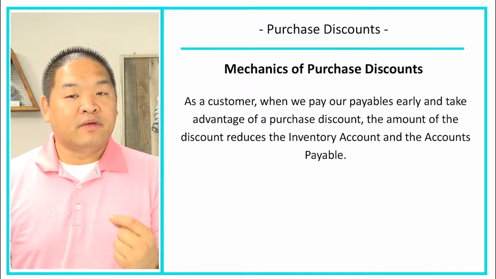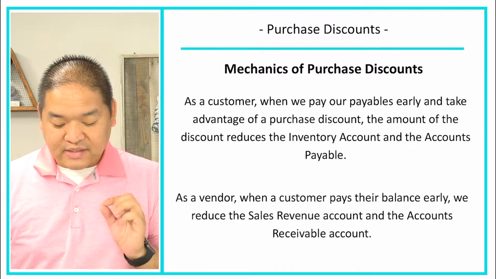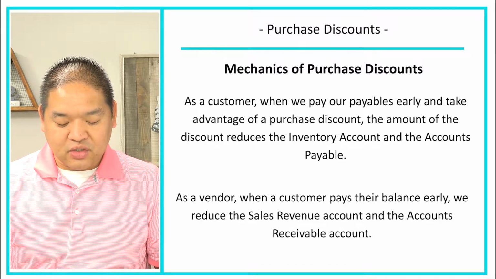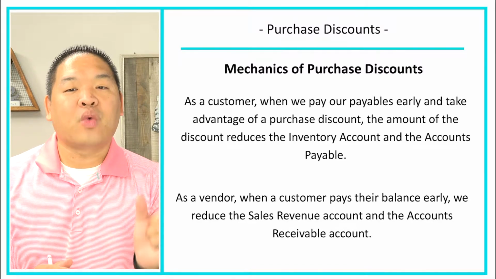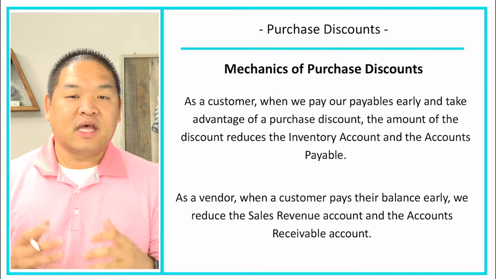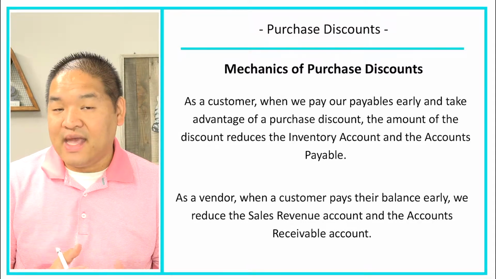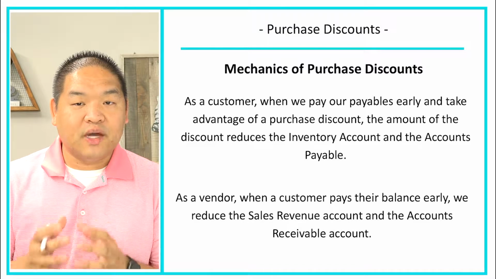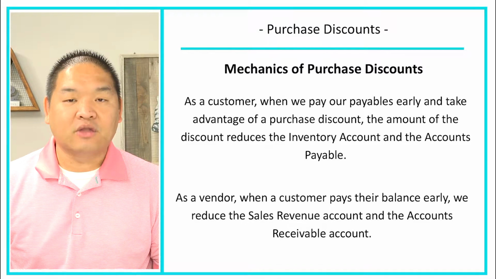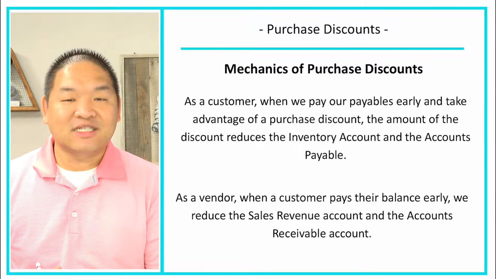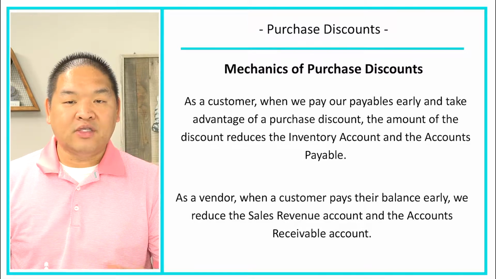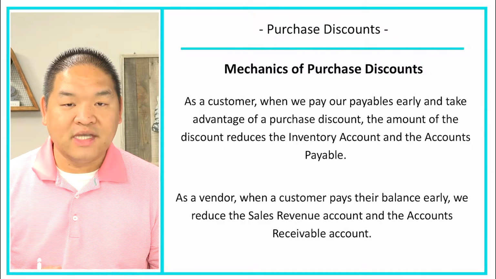From the vendor side, it works a little bit differently. As a vendor, when a customer pays their balance early, we reduce the sales revenue account. So instead of selling it for $1,000, we only sold it for $980. We're going to have to reduce the revenue by $20, and the accounts receivable, because we don't expect the customer to pay us that $20. So we have to extinguish that $20 debt on their account.